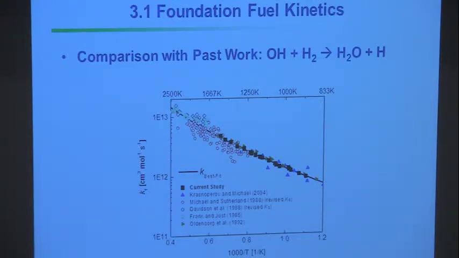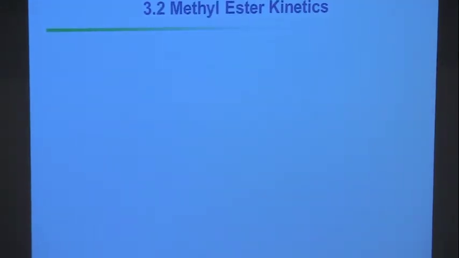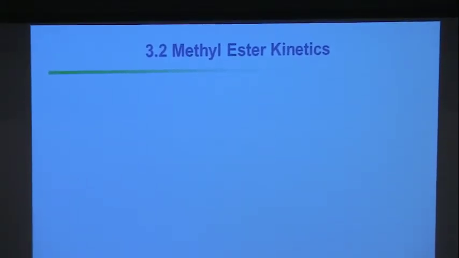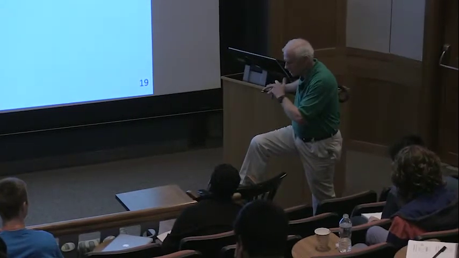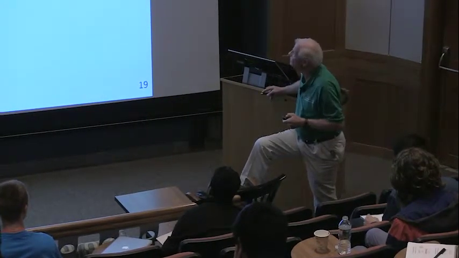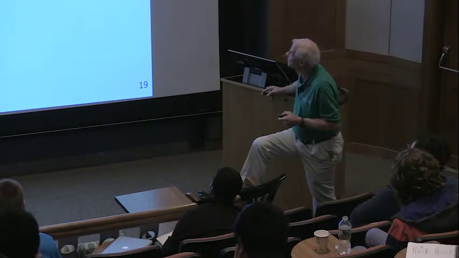So by reducing the uncertainty, giving him a more accurate value, with smaller uncertainties, was what he wanted to improve the uncertainty in his flame speed calculations. So that's an example of trying to use lasers to study specific elementary reactions. Once they're determined, that's it. You're not supposed to change them anymore, except within the range of uncertainties.